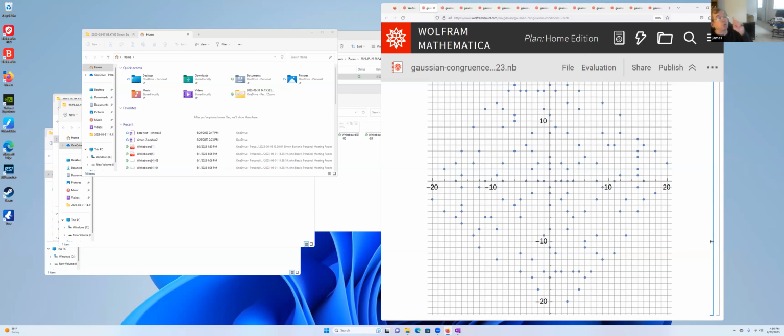But I just want to say one thing before I quit. The main stuff that we're doing here is focused on understanding abelian extensions of the Gaussian field. But it's interesting that there's another topic in Galois theory and number theory that has the same goal, but seems to do it in a very different way.